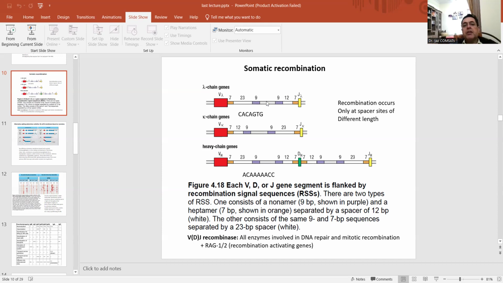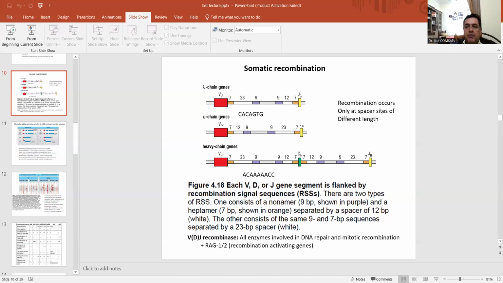For instance, it can be cut here at 7, or here at 7, or here at 9, or at this particular position by the enzyme and pasted somewhere else. So these segments are joined together by cutting through these different locations shown here in orange and in purple, the 9 base pair and 7 base pair sequences.